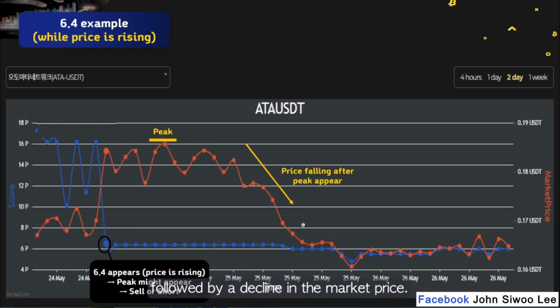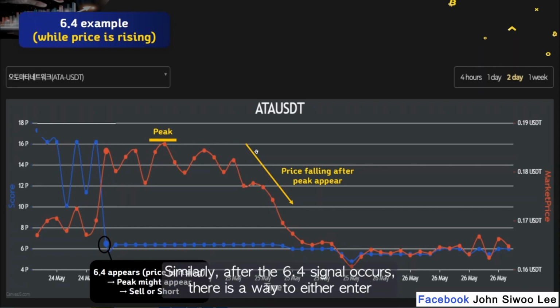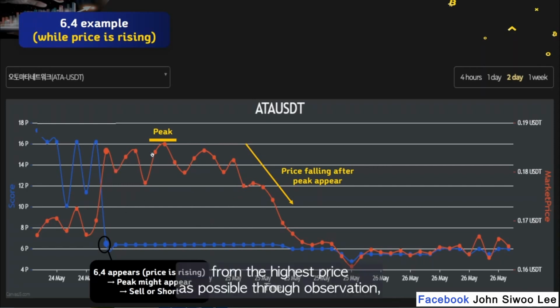Similarly, after the 6.4 signal occurs, there is a way to either enter from the highest price possible through observation, or to increase the average sell price by immediately entering the position and selling at higher prices afterwards.